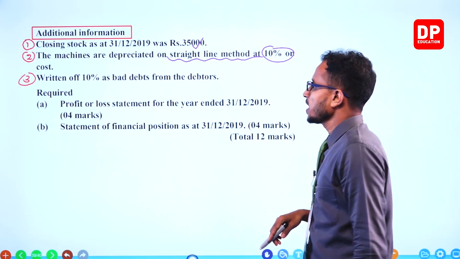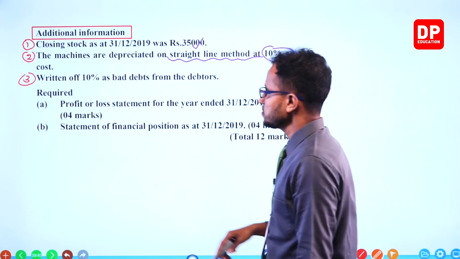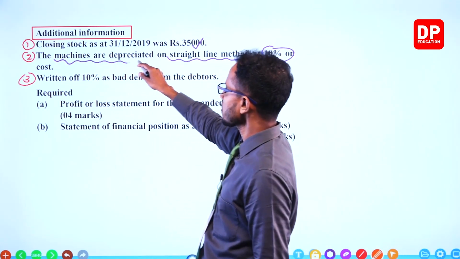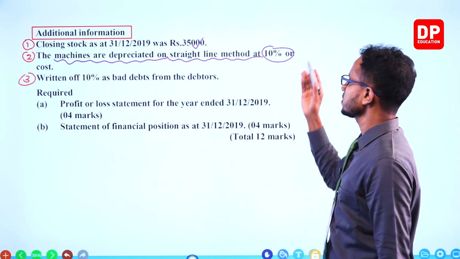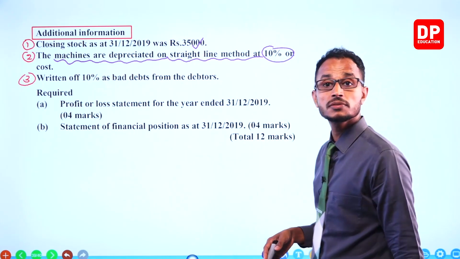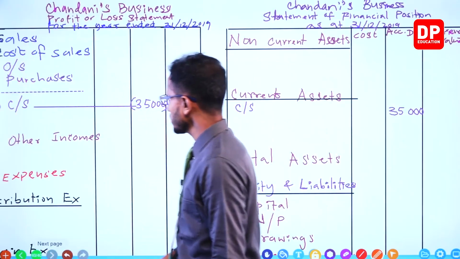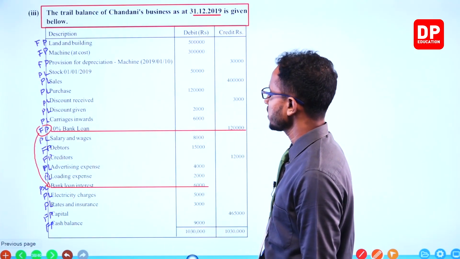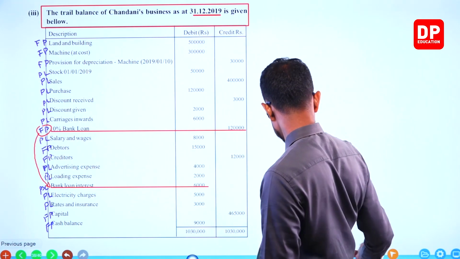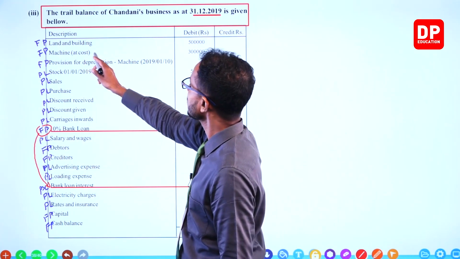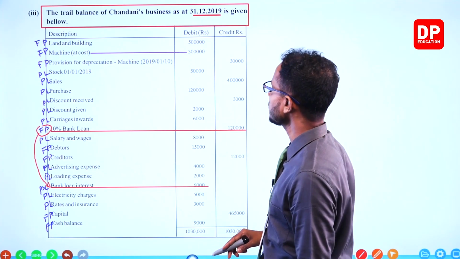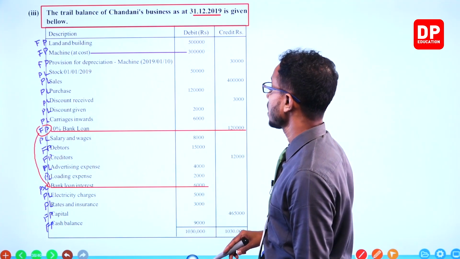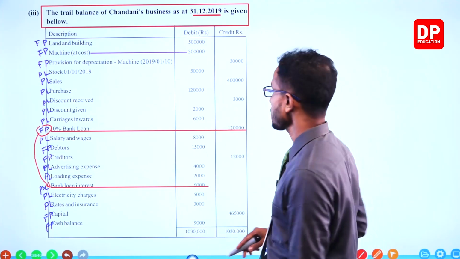It's easy. Take the cost of the machine and depreciate using 10% on cost. First, take the cost of the machine. It's here, 300,000.